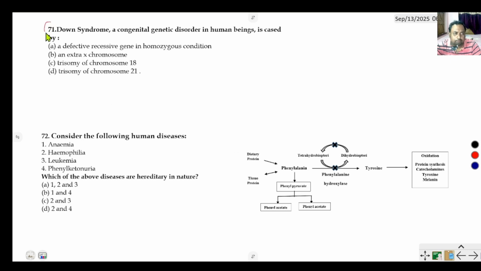Question number 71 says, Down syndrome, a congenital genetic disorder in human beings, is caused by the duplication or non-disjunction of chromosome number 21.